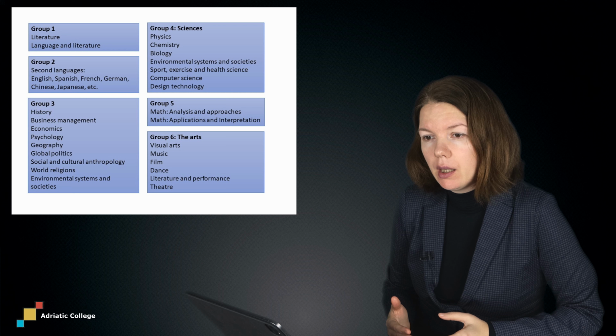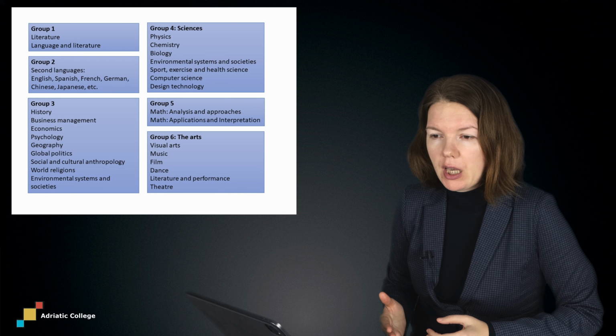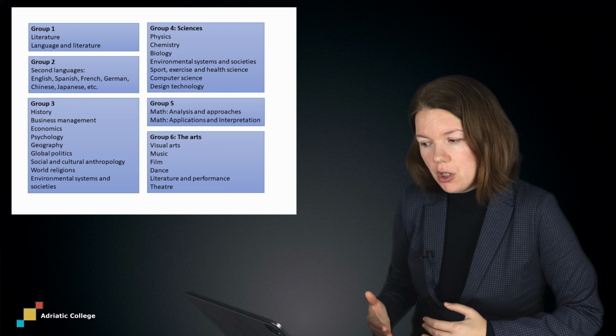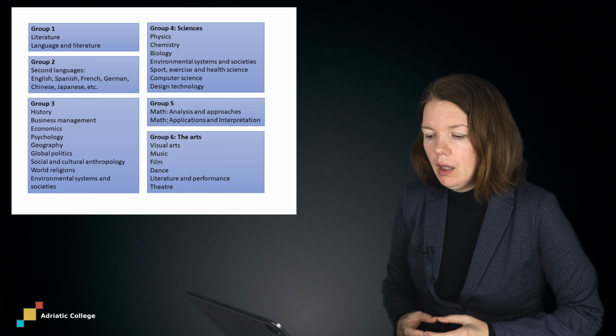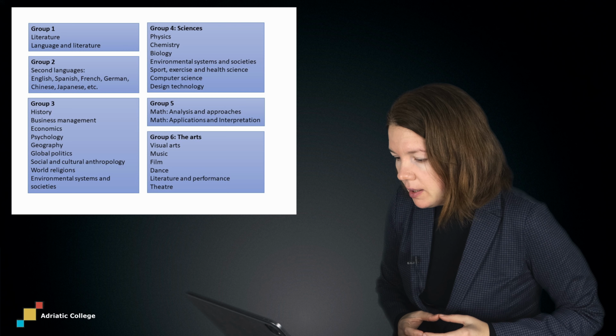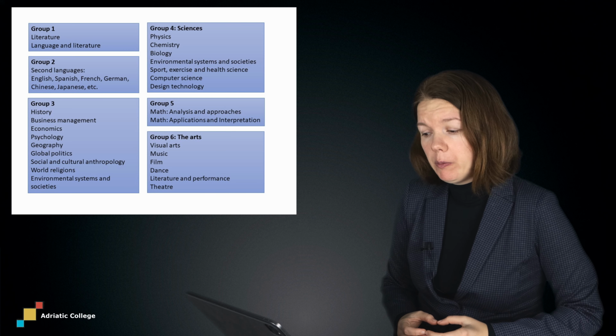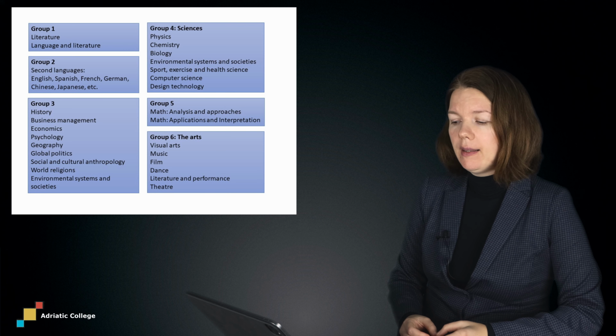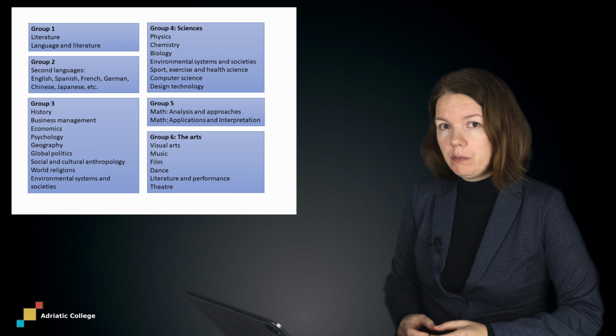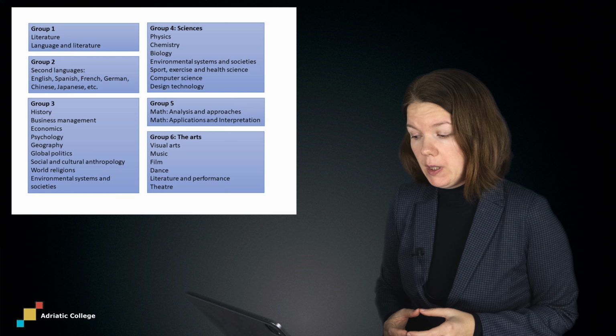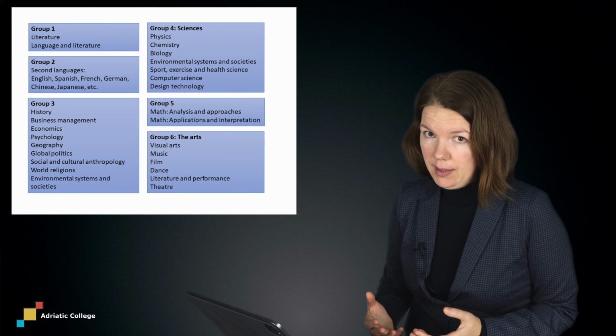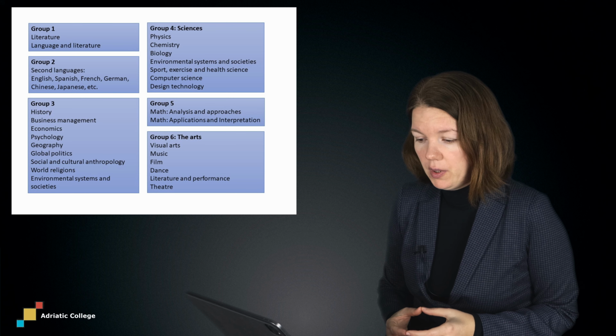You are to take one subject from each subject group, including the subject group 5, which is math. There are slightly different courses of mathematics in the diploma program, which are called analysis and approaches and application and interpretations. But this is still math courses.